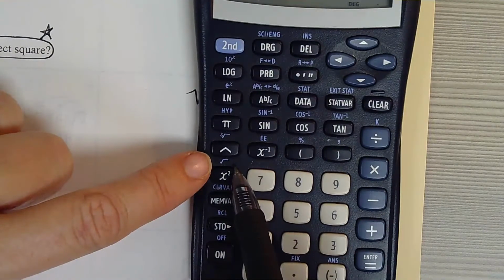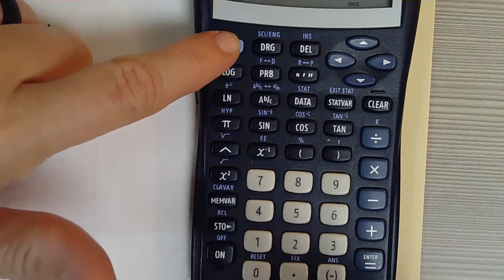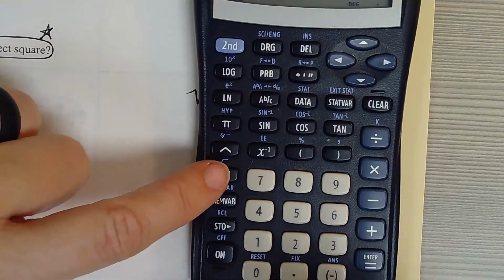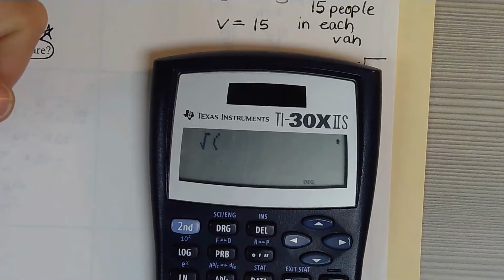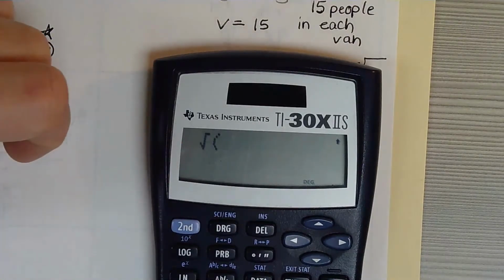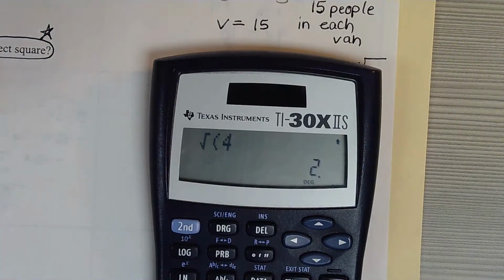Now that square root symbol is called a radical sign, by the way. So we want to use that radical sign. And in order to use that, we're going to hit the second and this key. And you can see in my screen now, I have that radical sign and then parentheses. So if I want to find the square root of 4, I'd hit that and hit 4. I don't need to put the other parentheses in there. Hit enter and I get 2, okay?